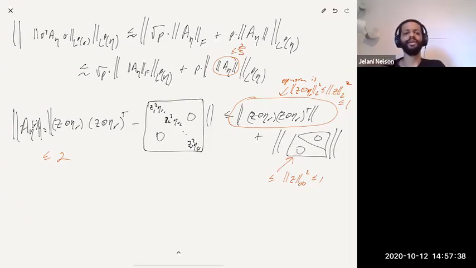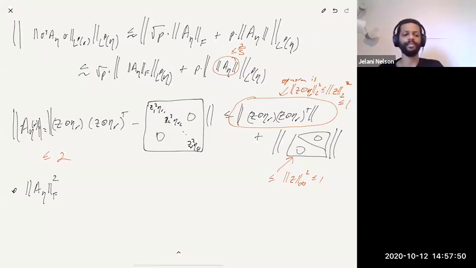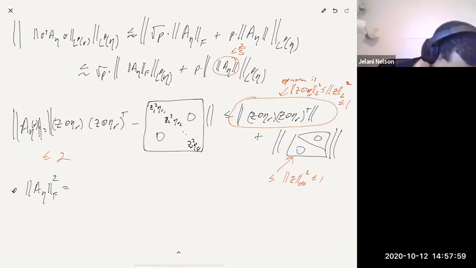Okay, so the Frobenius norm squared of A eta is equal to one over s squared, because there's a 1 over s on the outside, so we square that.